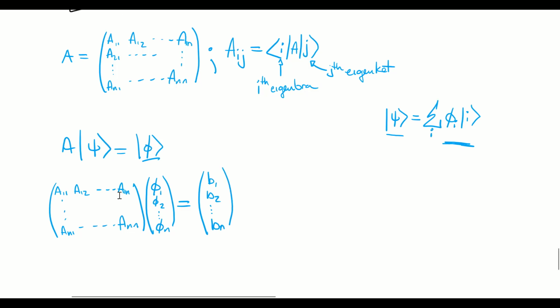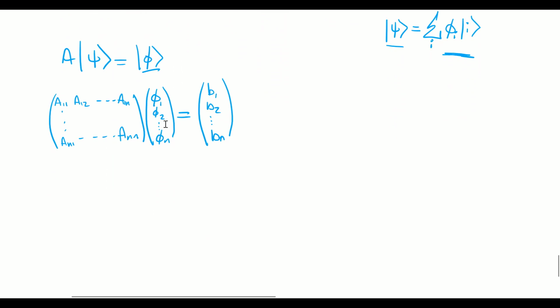This whole representation can be very much simplified, right? This equation boils down to a11 phi 1 plus a12 phi 2 dot dot dot a1n phi n. And the second row is going to be a21 phi 1 plus dot dot dot a2n phi n.